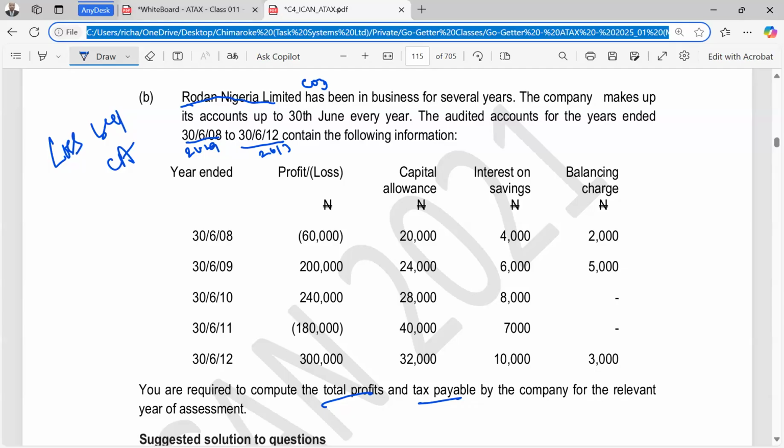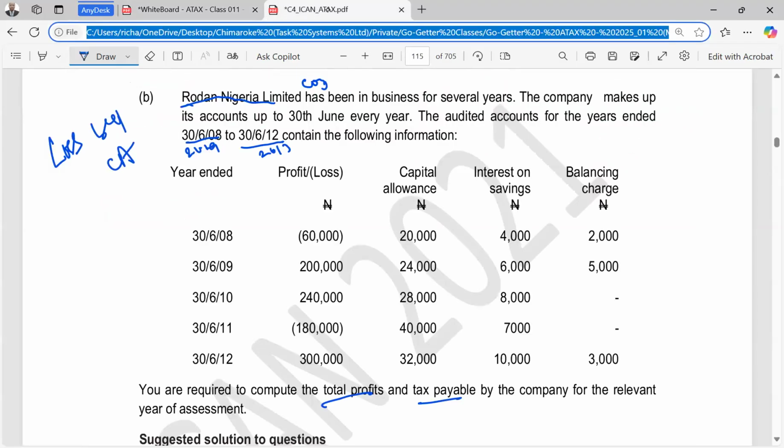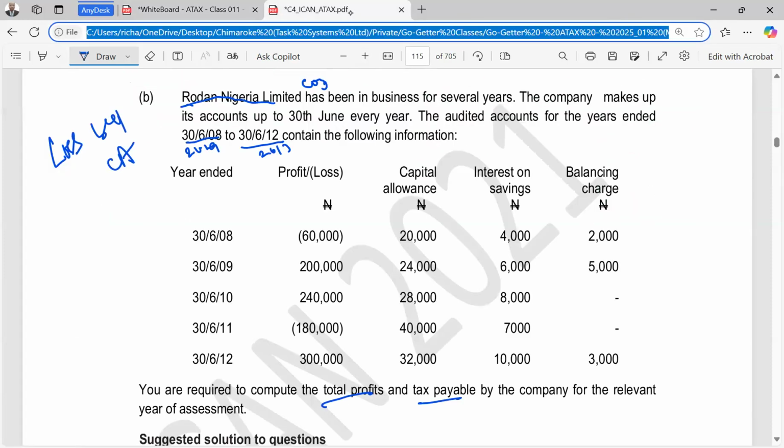So net loss, we had a loss of 60,000. So this is 60,000. That's your loss. So look at what we'll be doing.